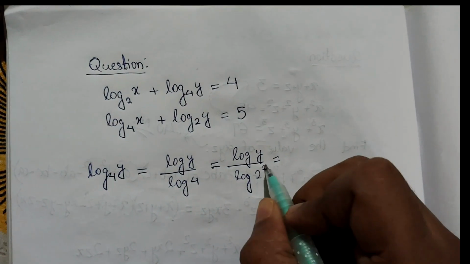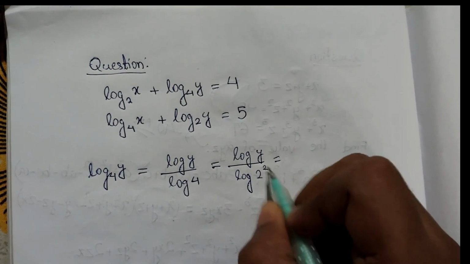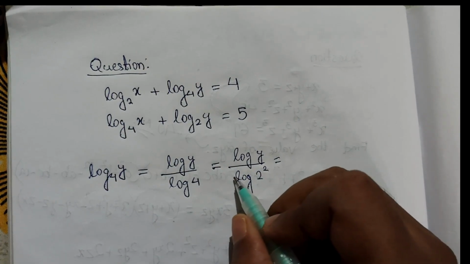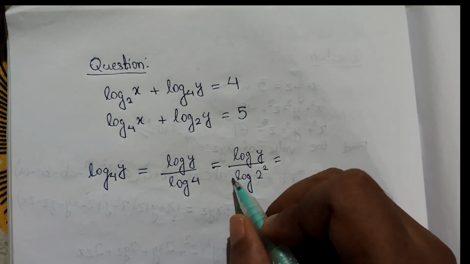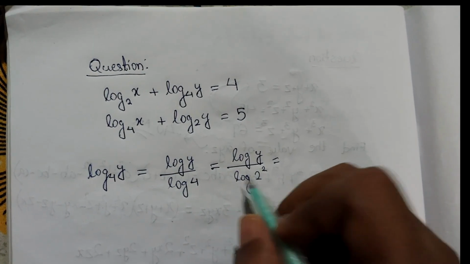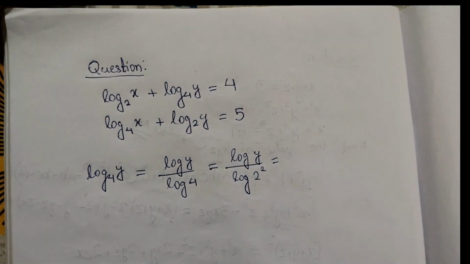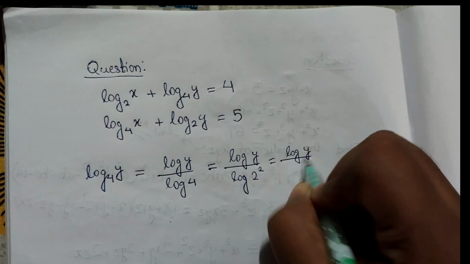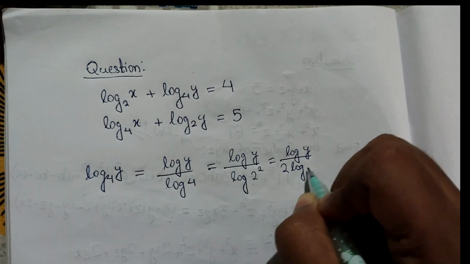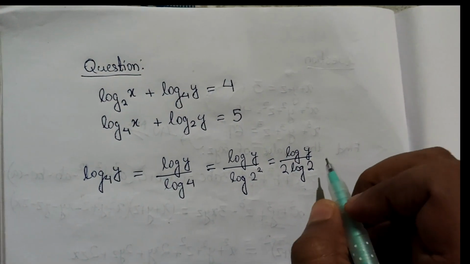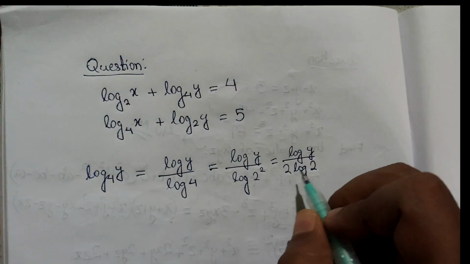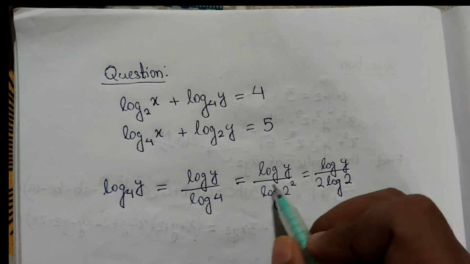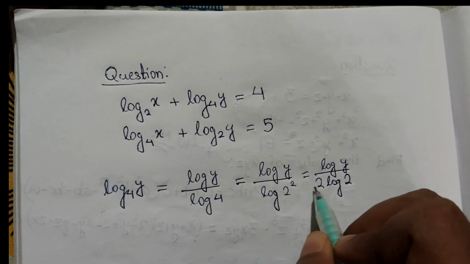Now we know that if there is a power in the term of which you are taking logarithm, then the power can be brought outside as a term which is multiplied by it. So we can write it as log y by 2 log 2. Okay. So this is also another property of log, that the power gets transferred as a product.